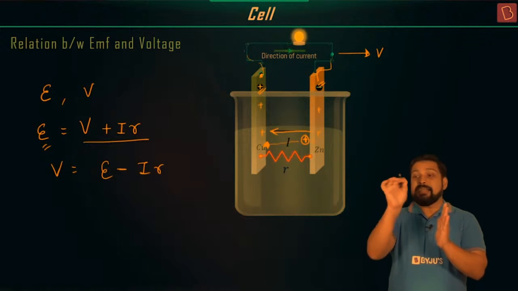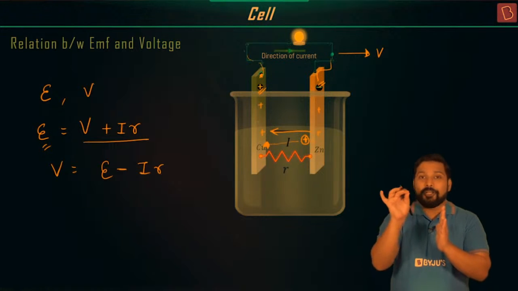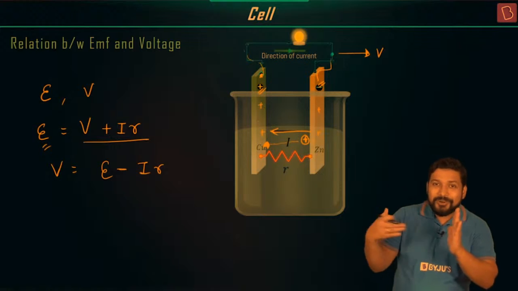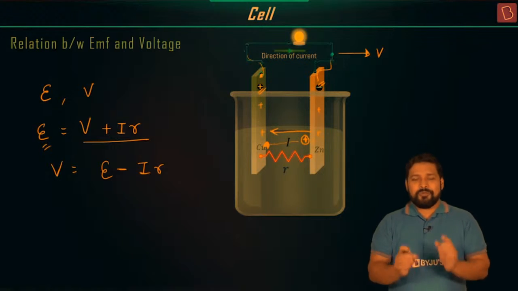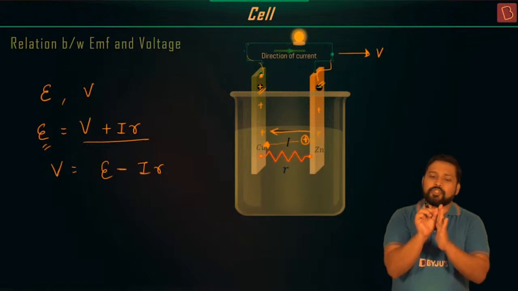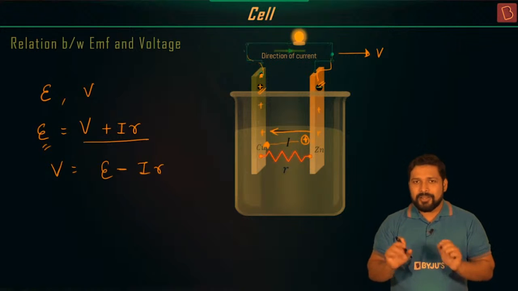So for the entire cycle, let us say the total is 100. If the terminal potential is 80, then how much extra do you require to move between the electrodes? 20, right? So 80 plus 20 is equal to 100. Total work done is equal to 100.